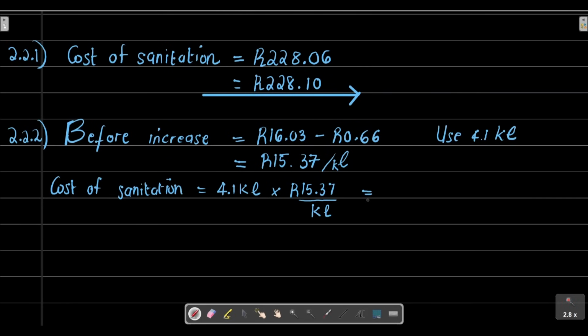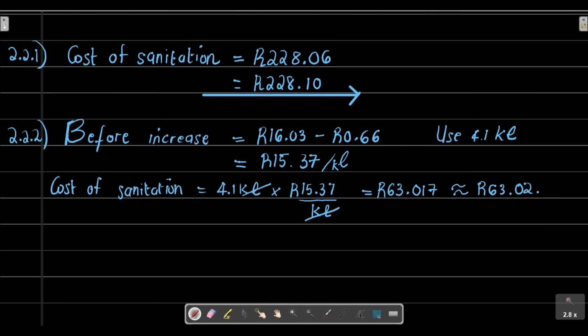If you punch that into your calculator, the kiloliters cancel, and 4.1 times 15.37 is equal to 63 rand 0.017, which is approximately 63 rand 0.02 cents. That is the cost of sanitation before the increase was implemented for making use of 4.1 kiloliters of sanitation.